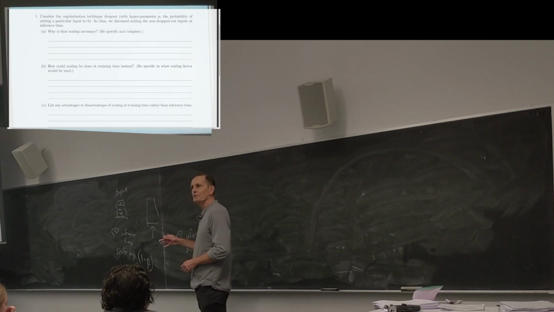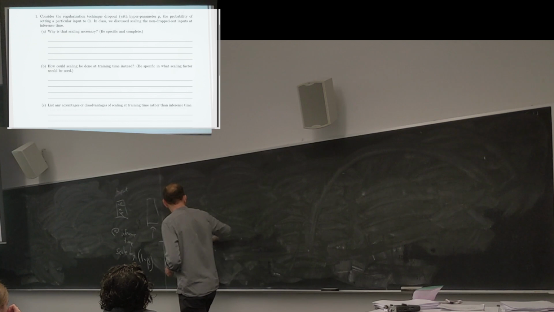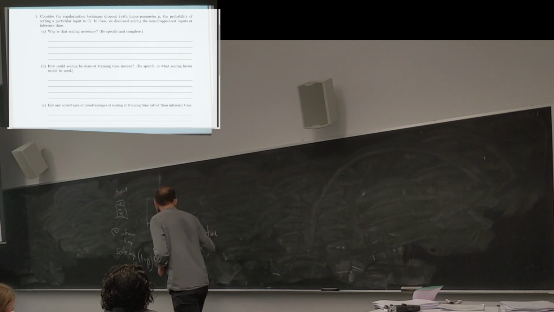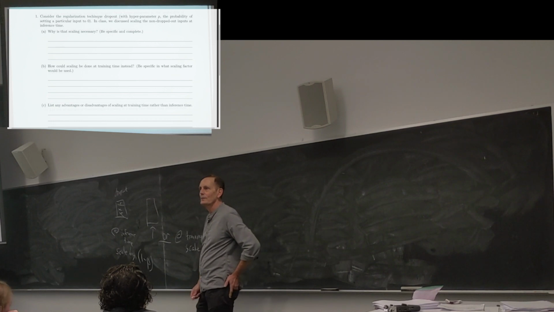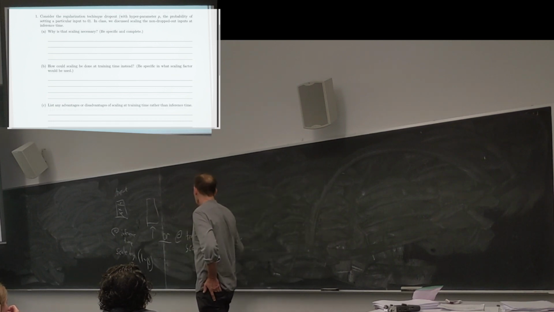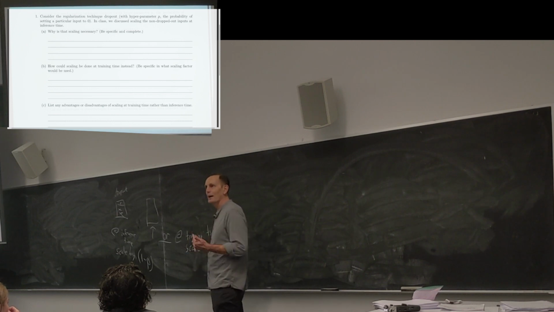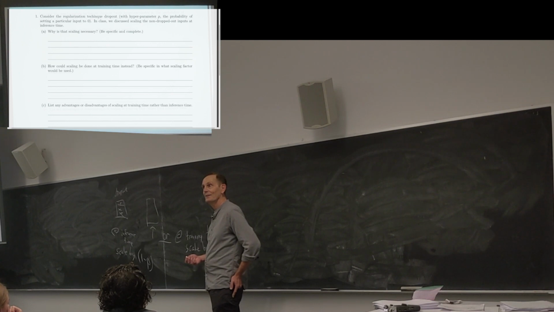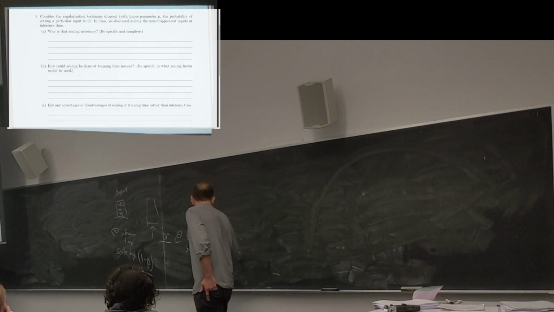Sorry, let's not say inference time and inference time again, because it's so easy to do that. Let's say, or training time. You scale upward. I'm going to just say scale by to mean multiply by, and you tell me what the factor is, but we know we want it to be greater than 1. It would be 1 over 1 minus p.